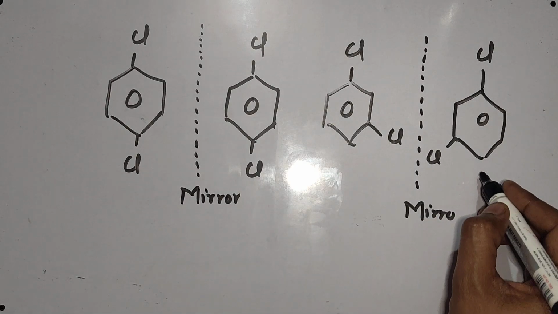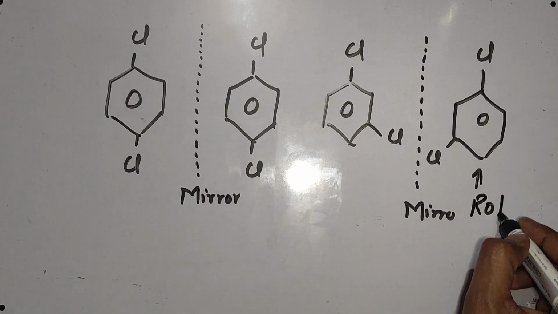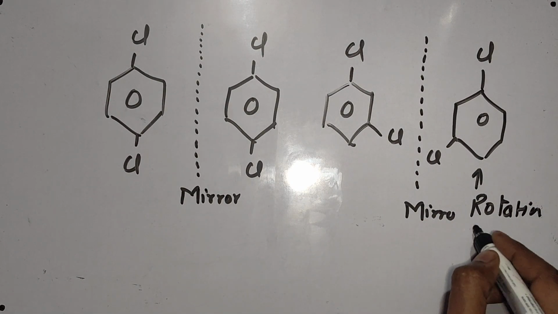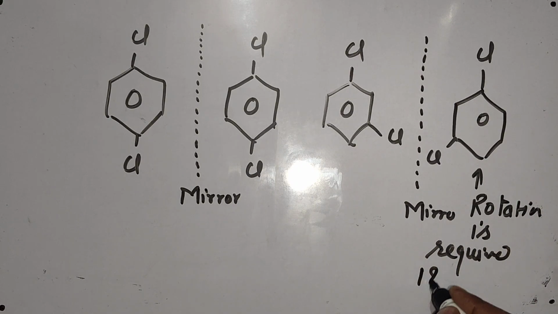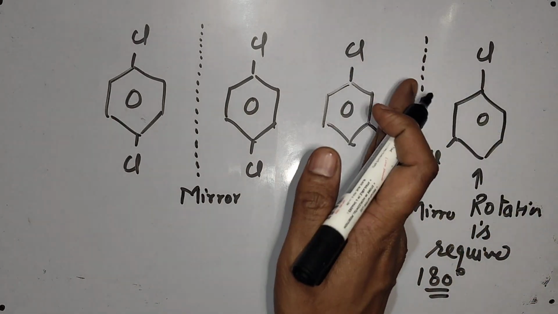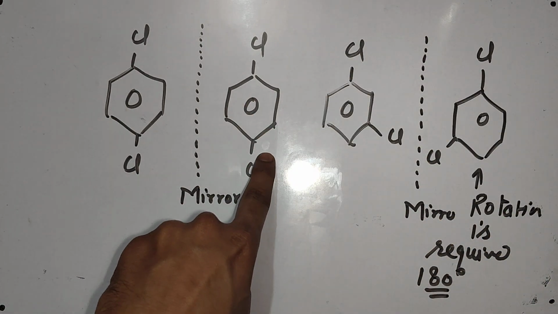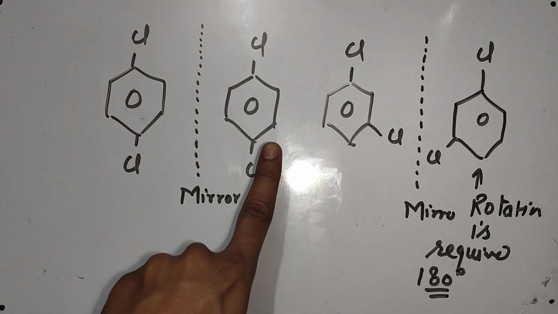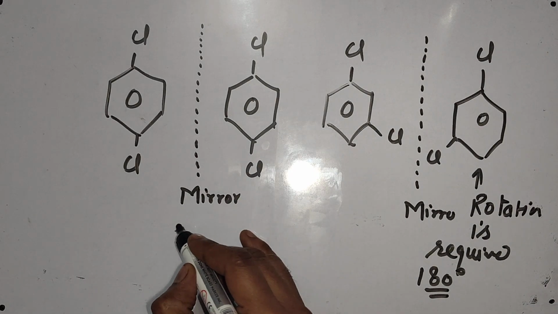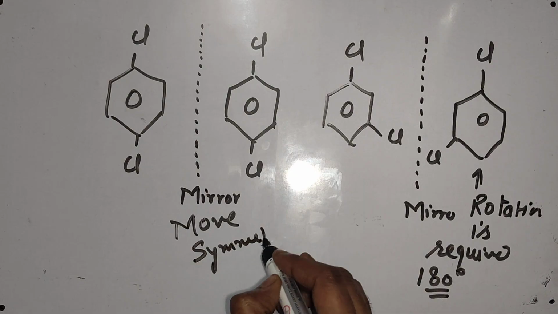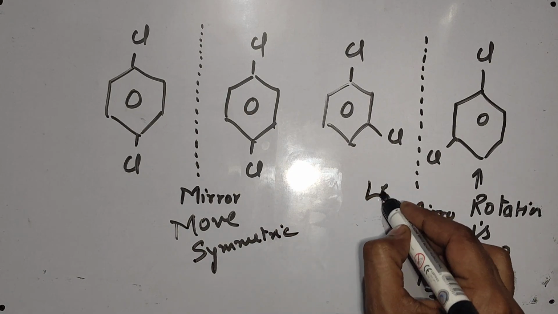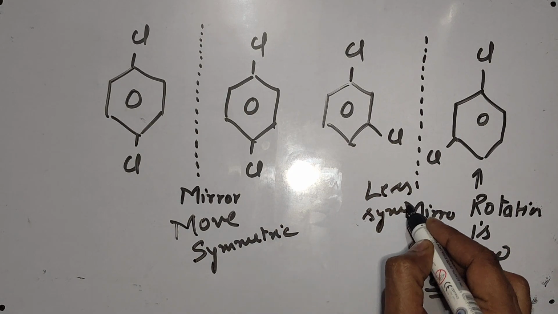So rotation is required here, 180 degree rotation, to superimpose this molecule on its mirror image. And this molecule was getting superimposed without rotation. Means this is more symmetrical and this is less symmetrical.